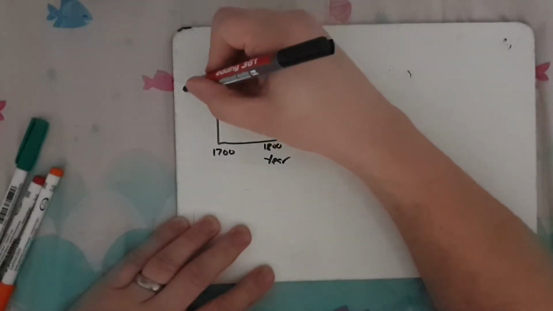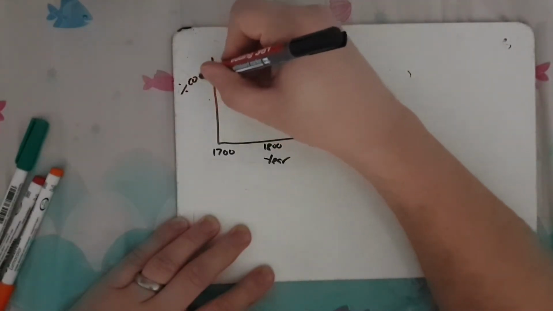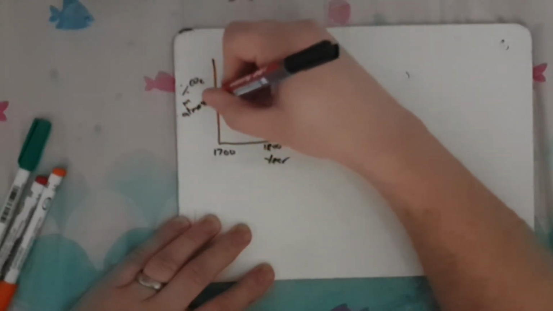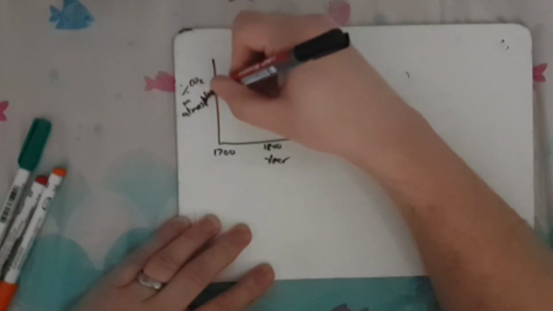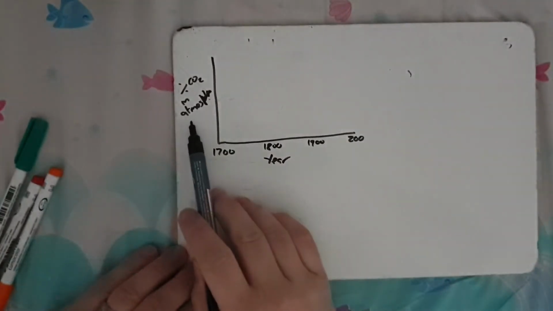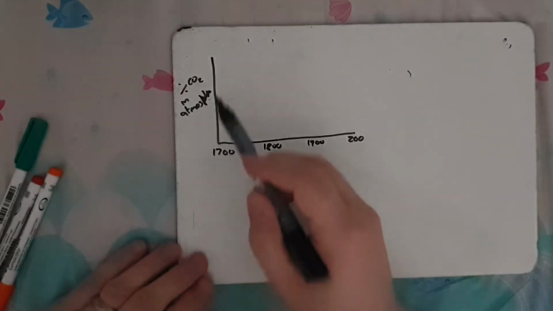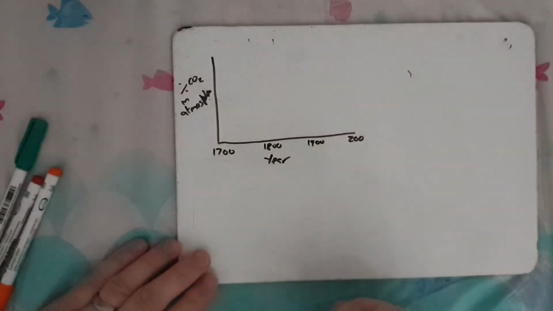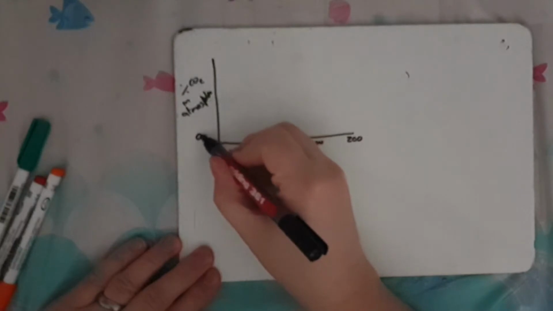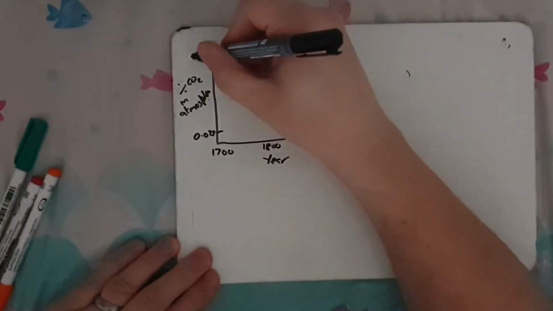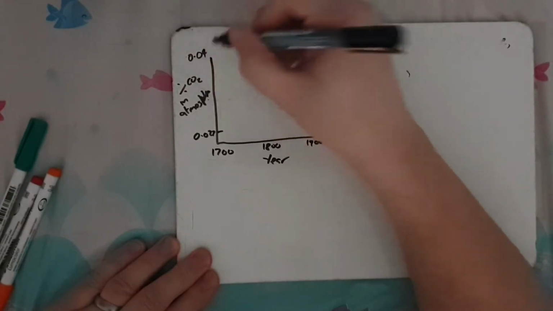And then up the side here, we're going to have the percentage of CO2 in the atmosphere. I'm not going to write the numbers on, but we'll start off at about 0.027 at the start, and it goes up to around about 0.04.